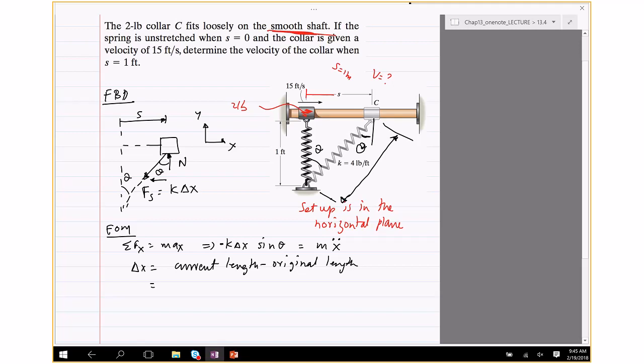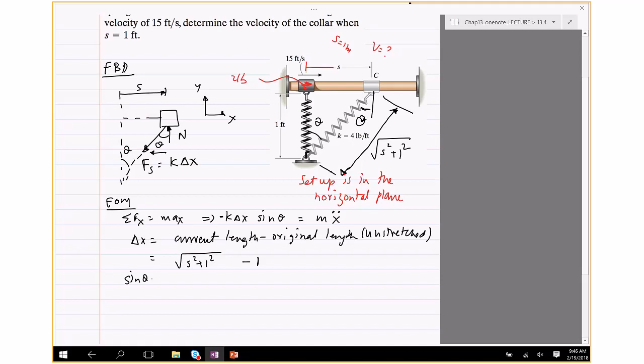Can you find that from the geometry? It's going to be the square root of s squared plus 1 squared, just using the Pythagorean theorem. One side is 1 foot, the other is s, and the angle is 90 degrees. The original length is the unstretched length, which you told us is 1 foot, so it's 1.